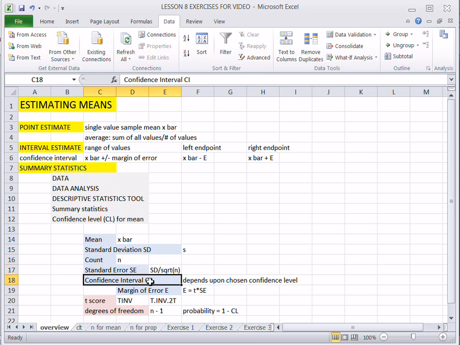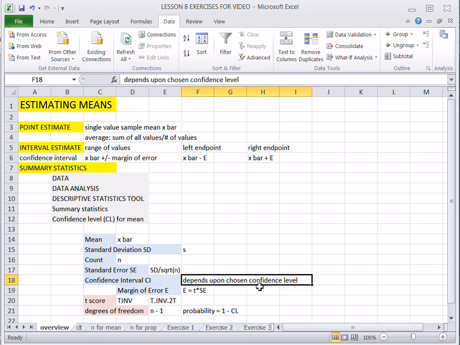Now there will also be an output marked confidence level or confidence interval, which I abbreviate CI. And this confidence interval is actually the margin of error that was discussed that's needed to find the interval estimate by subtracting and adding it to x bar to get the interval estimate or confidence interval. So the output marked confidence interval is actually the margin of error.